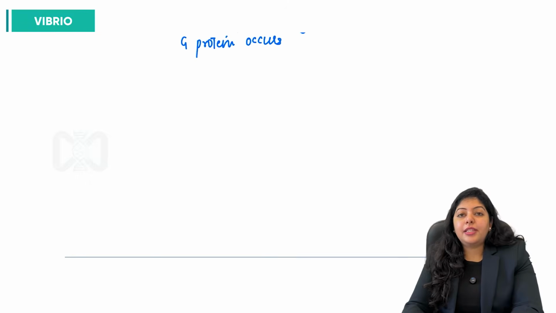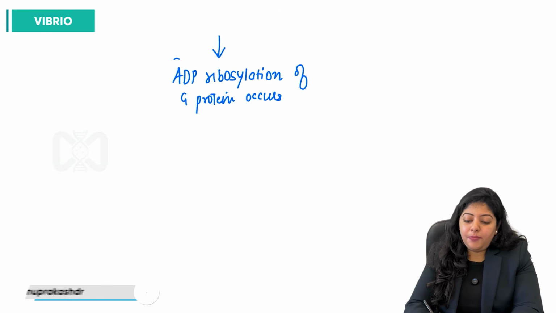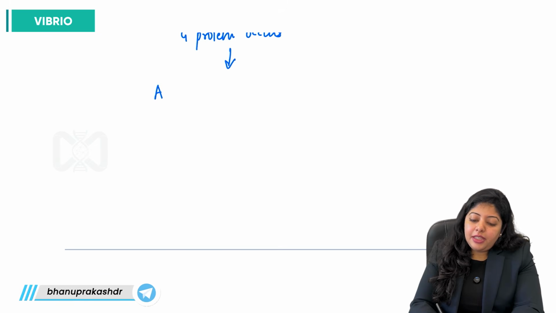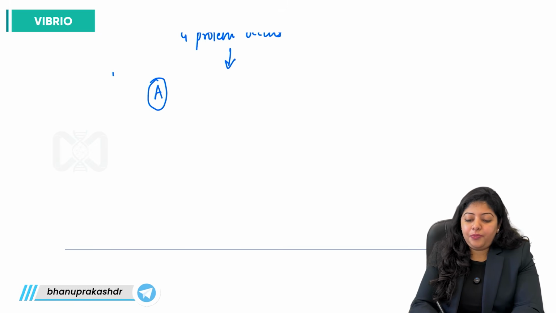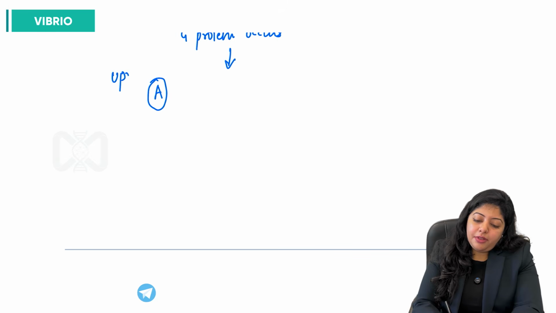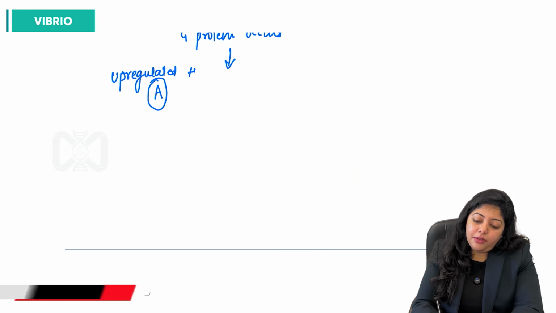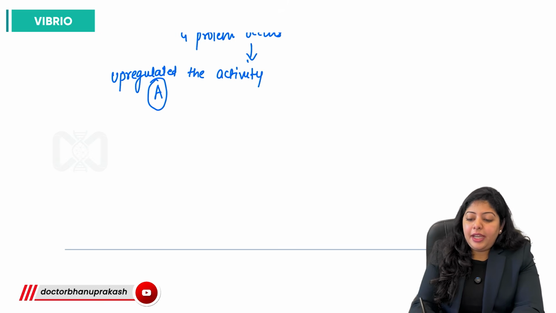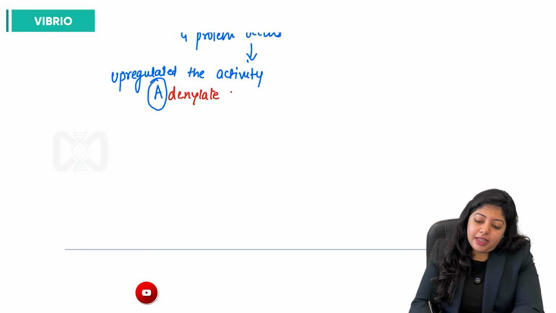Now what happens next after ADP ribosylation? It upregulates the activity of another A, that is adenylate cyclase.